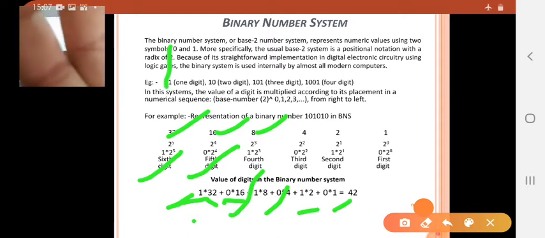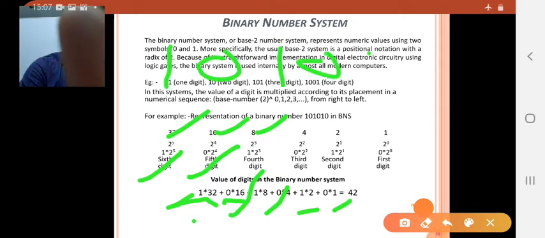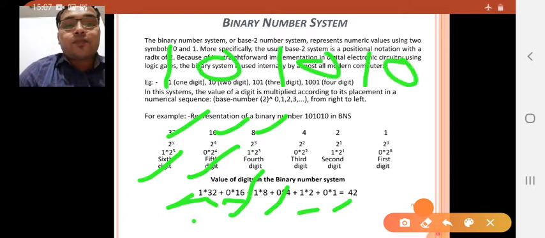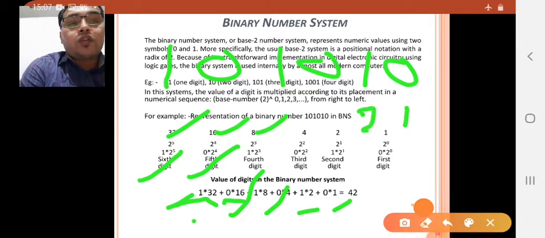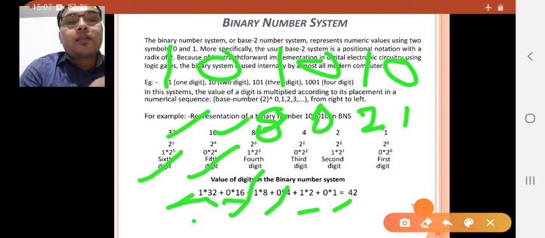Suppose 1 0 1 0 1 0 is there. Now you just count it. At position 0 the value will be 1, at position 1 the value will be 2, at the next 0 it is again 0, because anything multiplied by 0 gives 0. Then here 8, then here again 0, and this one 32.